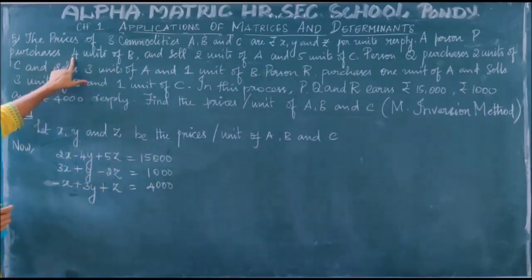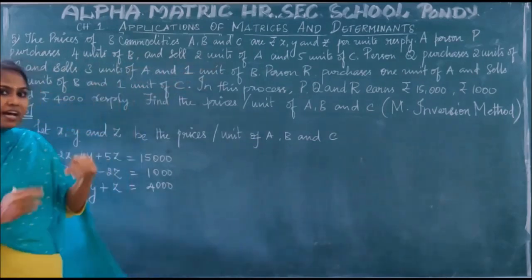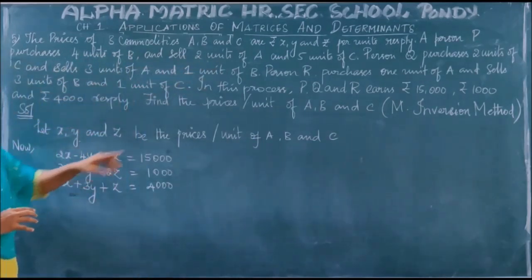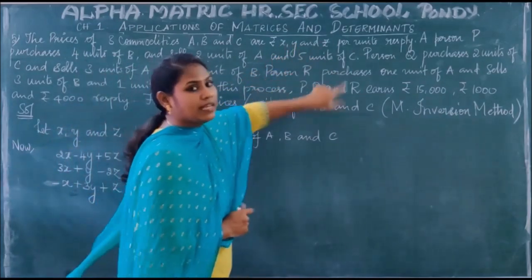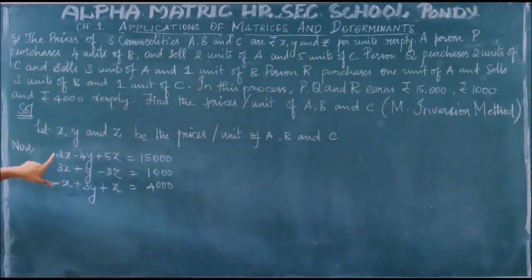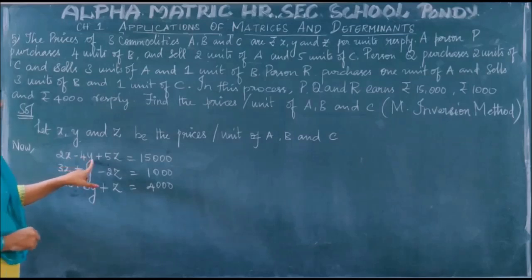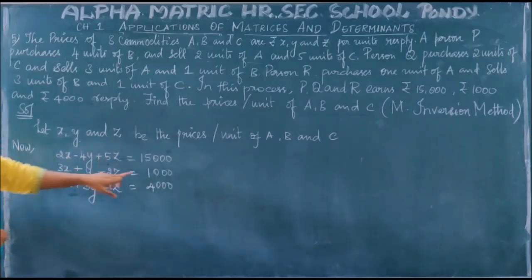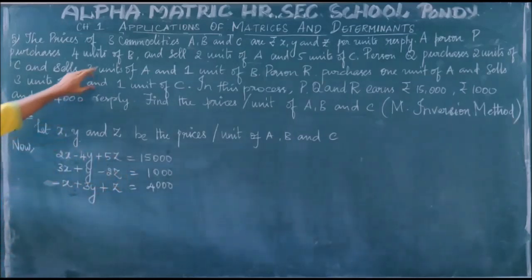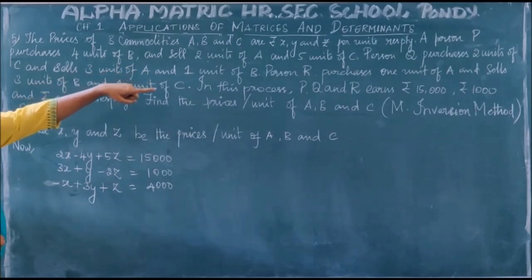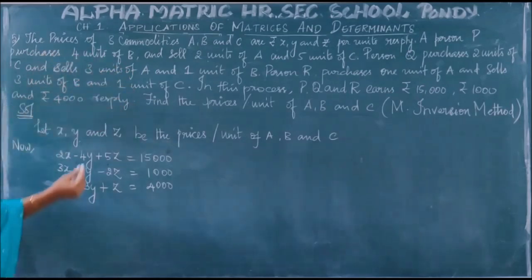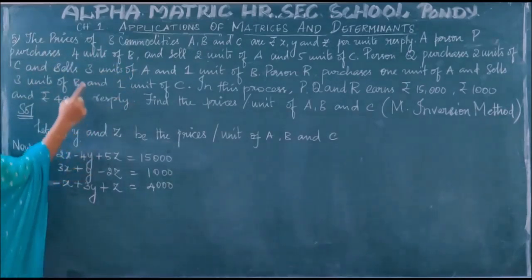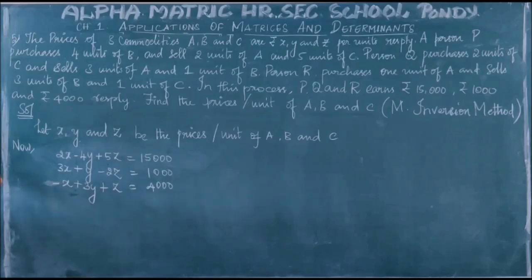So here we are going to calculate using the prices, which they have mentioned as x, y and z. How does this equation come here? See the question. He purchased 4 units of B. What is the cost price of B? y.